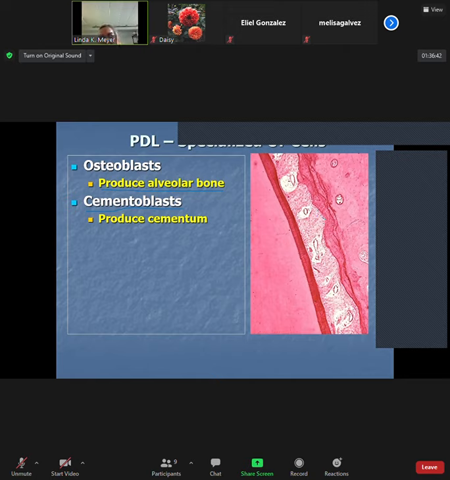I'm drawing some cells at the surface. This is the bone side. This is the alveolar bone that's shown. And here's the cementum side. And on the surface of the cementum, I'm just drawing some nuclei, which are the cementoblasts.